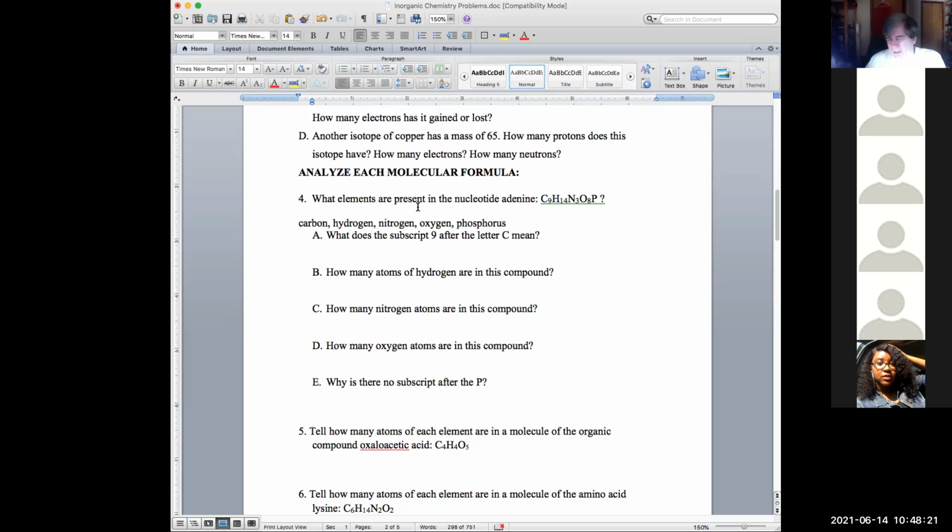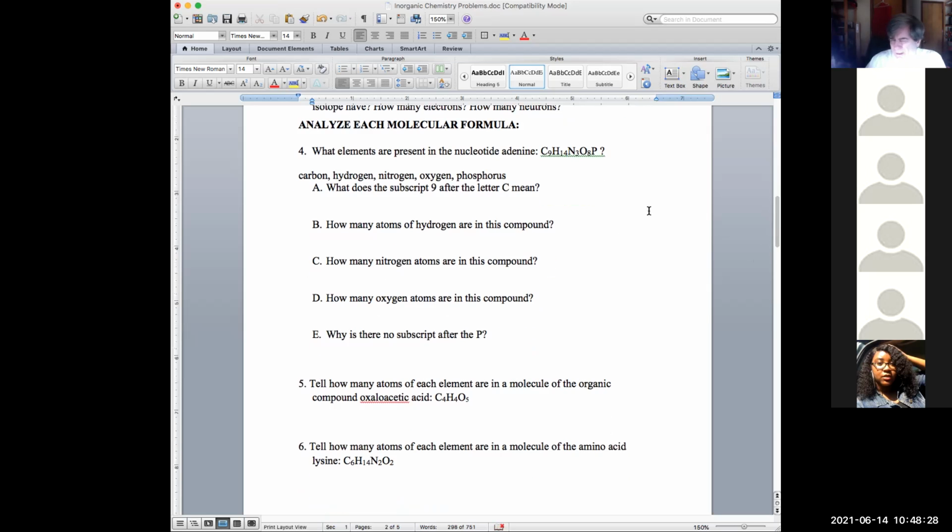So you have to write out the elements. If you just write out the chemical symbols again, you didn't tell me anything that wasn't already there. So what does the subscript 9 after the letter C mean?